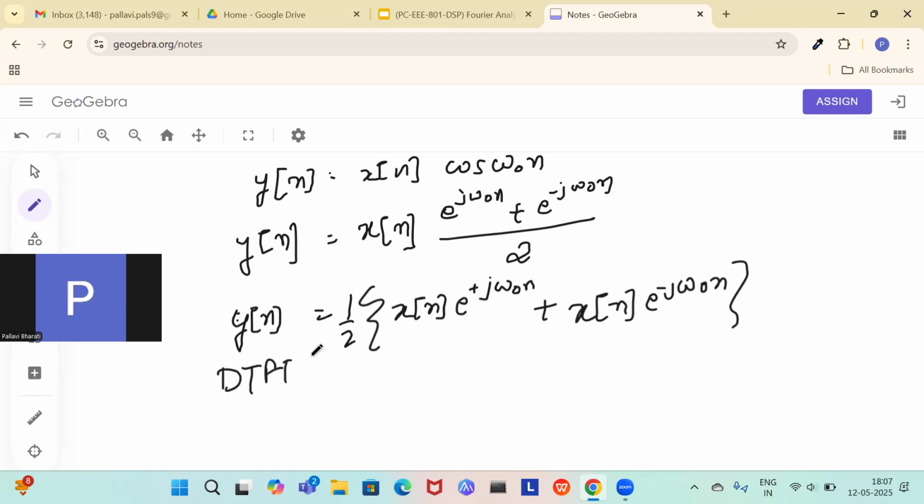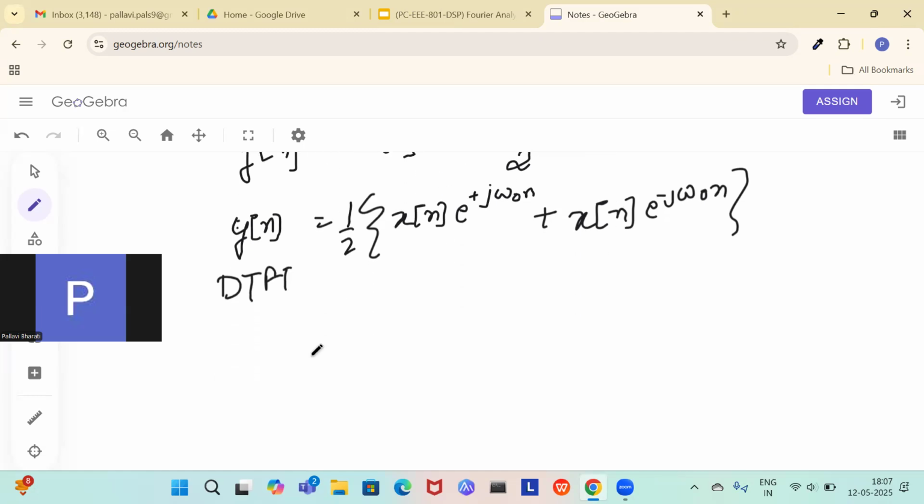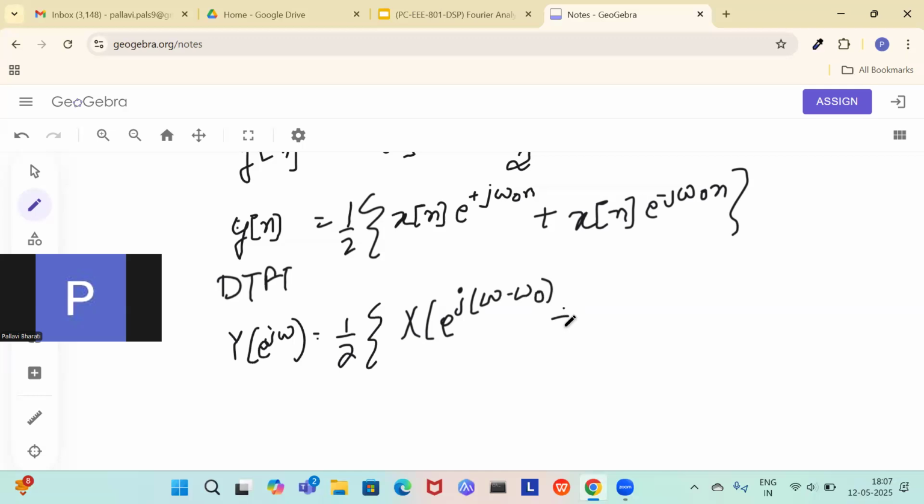Now, if you take the Fourier transform or the DTFT on both sides, then this side is y of e j omega, which you have to find out. And this side it is half. By using the frequency shifting property, if this has the DTFT x of e j omega, then it will be shifted, e to the power j, this is plus, so it will become minus omega naught, plus x of e to the power j omega plus omega naught.